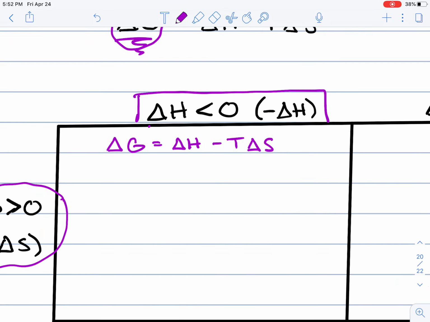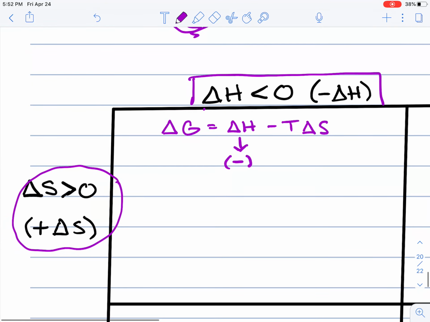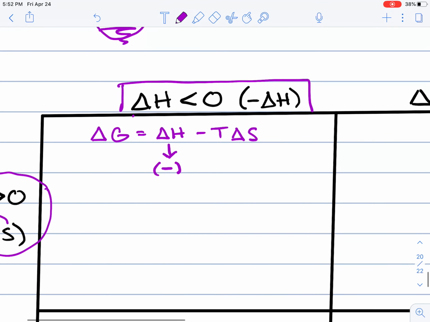And so if this is negative, and if entropy is positive, that means that this change in entropy is positive.